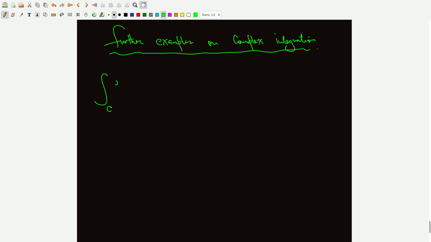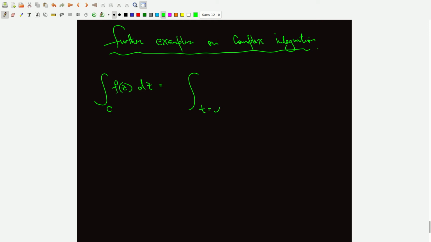If we want to integrate our function f of z over our path c with respect to z, we are going to make a change of variables and parameterize our function. Because integrating over this path c may be a little complicated, since for complex numbers the path is in a plane, we're just going to transform it into something we are more familiar with, like integrating along a straight line path.